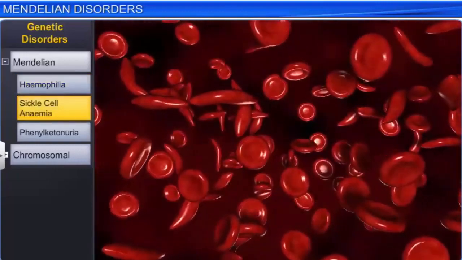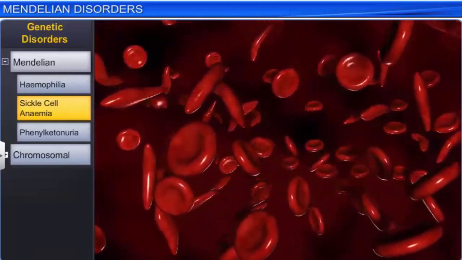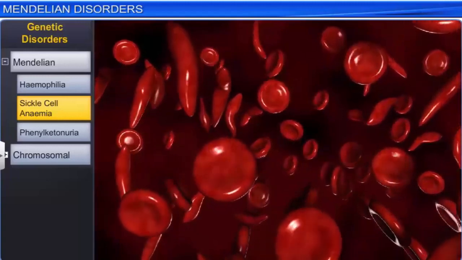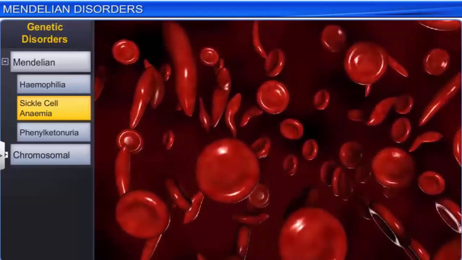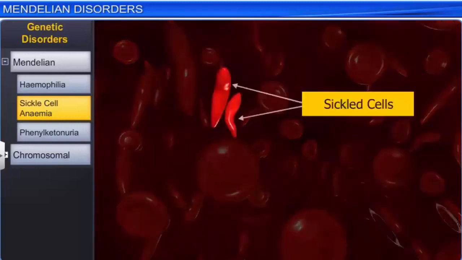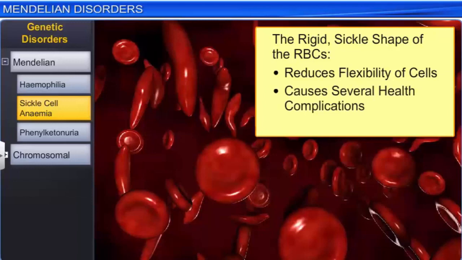Another widely studied Mendelian disorder is sickle cell anemia, which affects red blood cells or RBCs. It is a lifelong disorder where the RBCs turn into a rigid sickle shape which reduces their flexibility, thereby leading to several health complications.